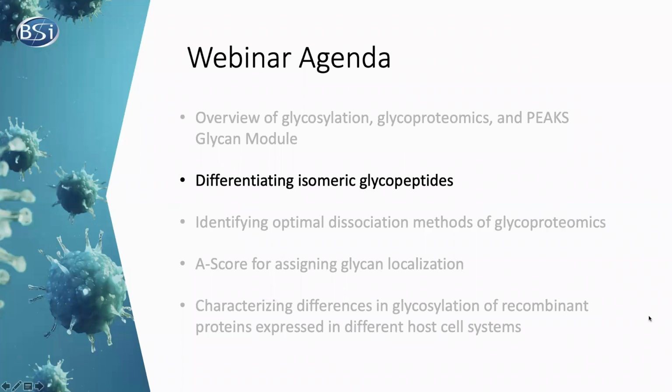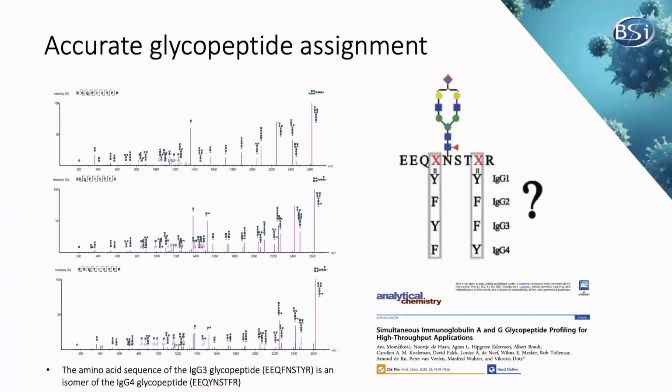So now I'll show you how PEAKS Glycan Module can differentiate between isomeric glycopeptides. There have been many studies recently published where they've analyzed or characterized IgG proteins. When you pull down IgGs or antibodies, say with protein A or protein G, you often get a mixture of different IgG subclasses, mainly IgG 1 through 4.